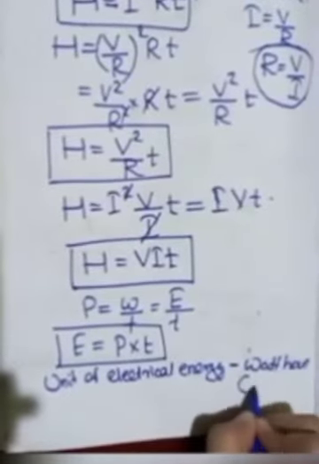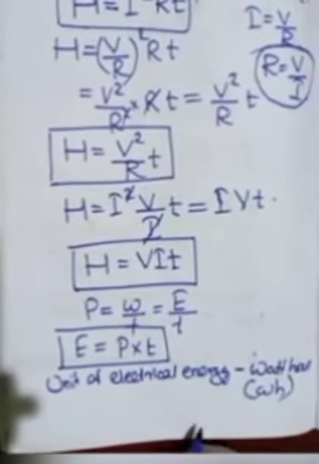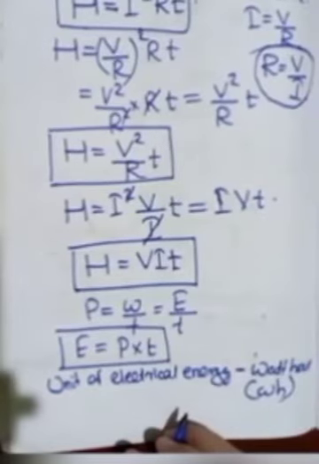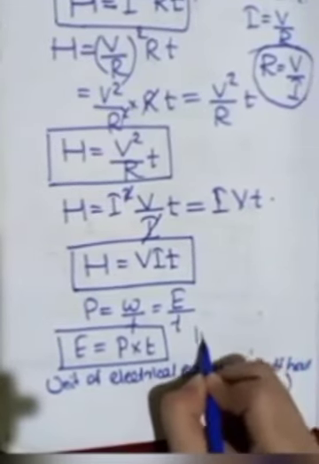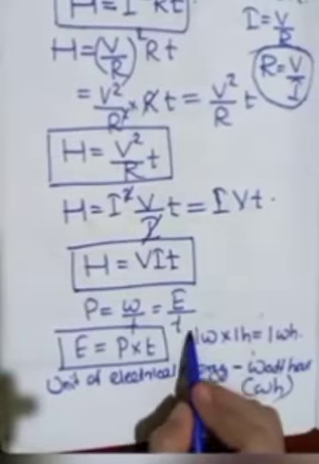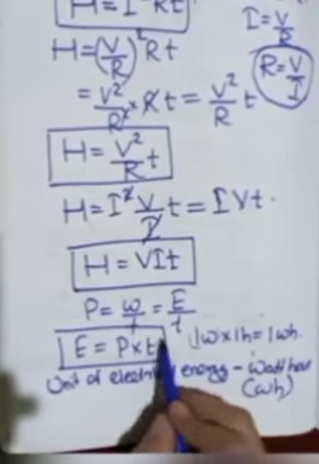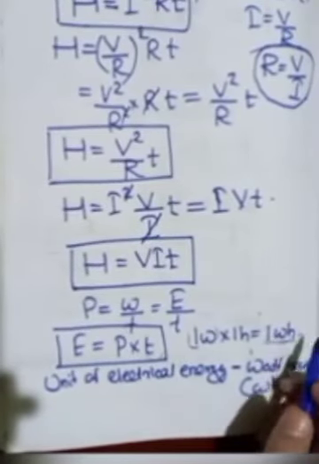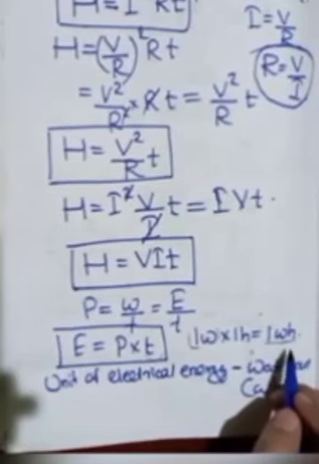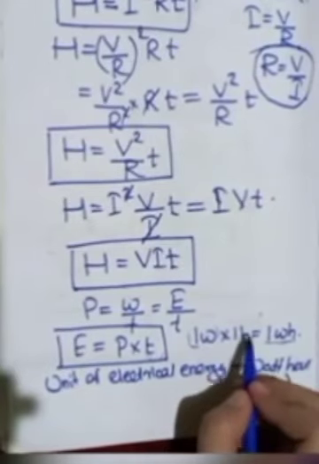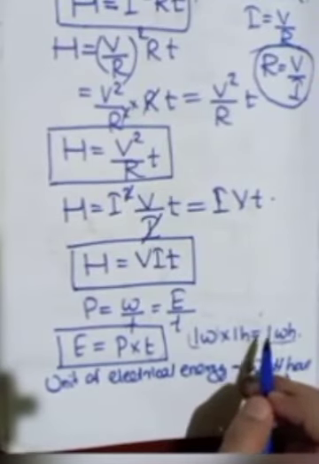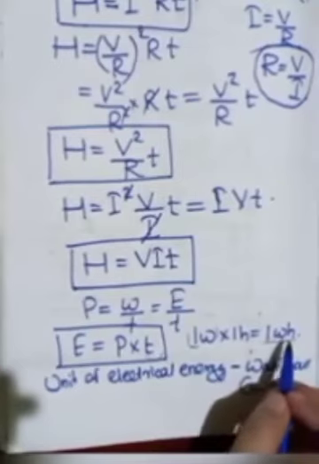What is 1 watt hour? 1 watt hour is the electrical energy consumed when 1 watt of power is used for 1 hour.